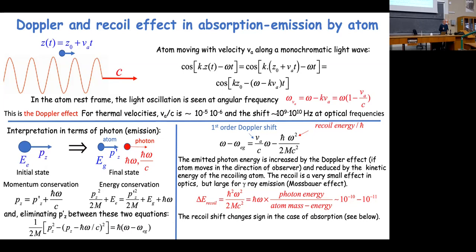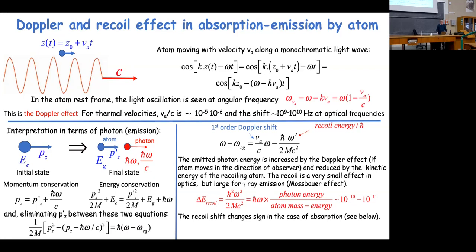Moreover, you see that the effect, and we will see it in a moment, takes an opposite sign whether it's in absorption or in emission. This means that if you have enough resolution, you will see this as a doublet. Each atomic line will have one frequency for emission and one frequency for absorption, which are slightly different because of this recoil effect.